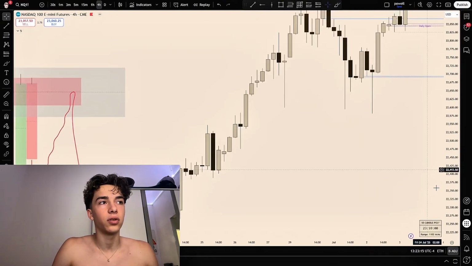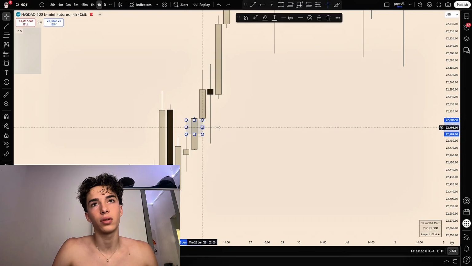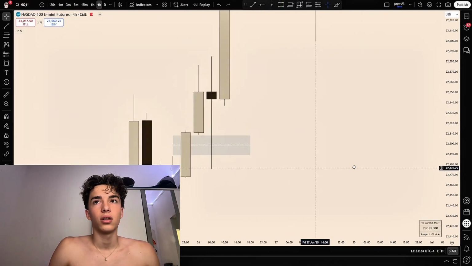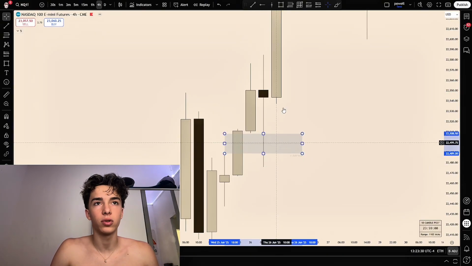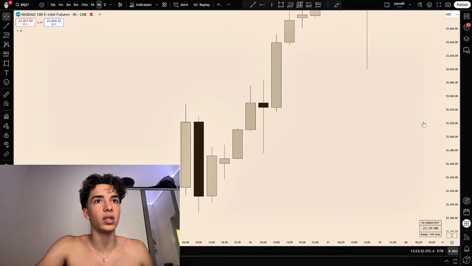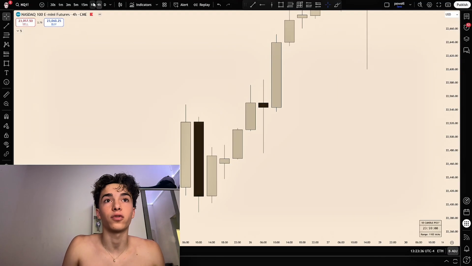In this case, for example, just the last one, fair value gap. Is this an invalidation? No, because we didn't close below the fair value gap. That was maybe a gap fill on the lower time frame, for example.